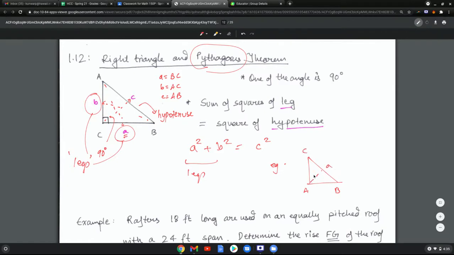Now this would be A, and this would be B, and this would be C, and in this case, B squared plus C squared equals A squared. So instead of thinking of A squared plus B squared equals C squared as Pythagoras theorem, it's safer to think of it as the sum of squares of the legs equals the square of the hypotenuse, so long as you also know what the legs of the triangle mean and what the hypotenuse means.